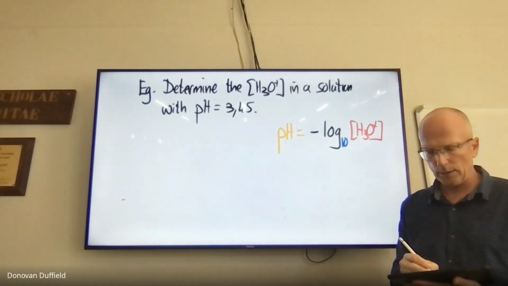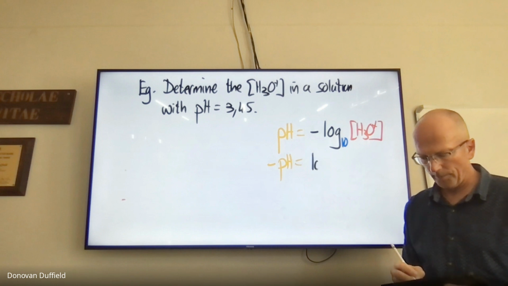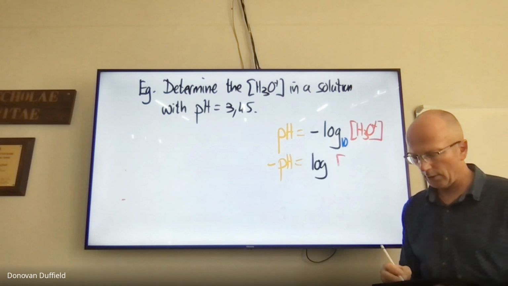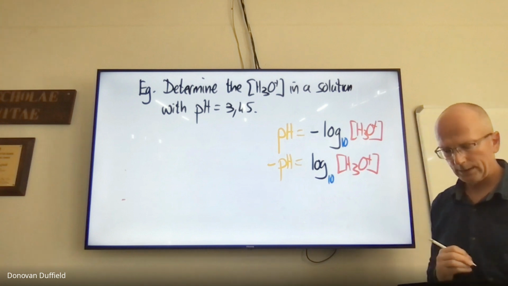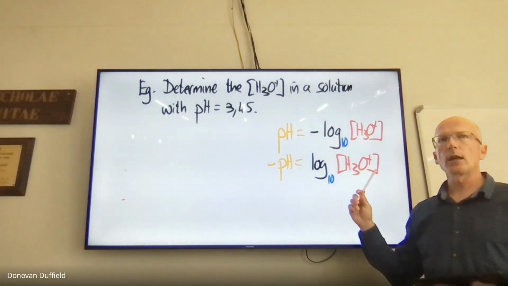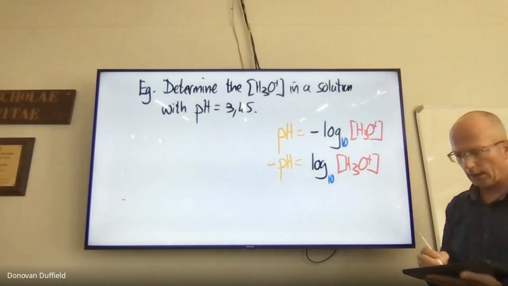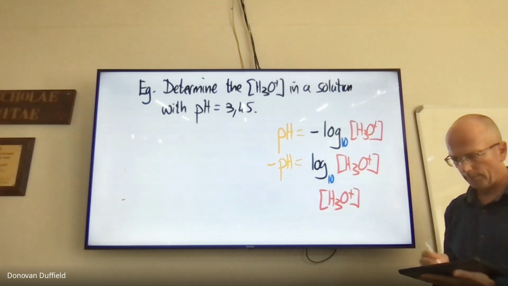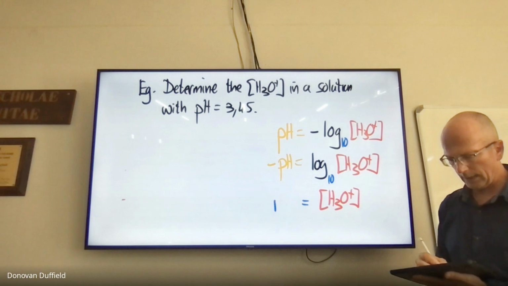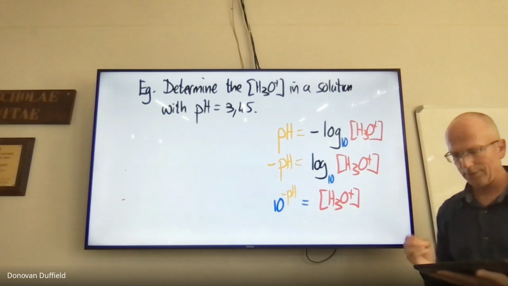So this is going to be negative pH equals the logarithm of the hydronium ion concentration to the base 10. I'm going to change from logarithmic to exponential form. So this means that the hydronium ion concentration is going to equal the base 10 to the negative pH as the exponent.